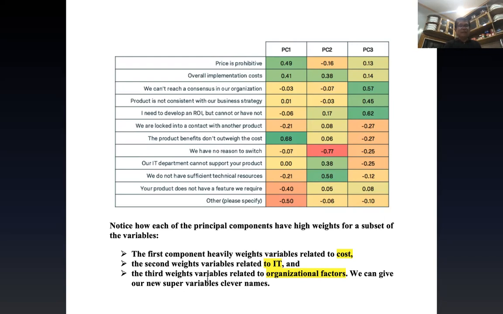So we can give our new super variables clever names. We can actually provide names for those factors being clustered together. And in some cases, it's actually the most difficult part because we have to research, we have to think logically on what would be the exact name for this cluster of statements.